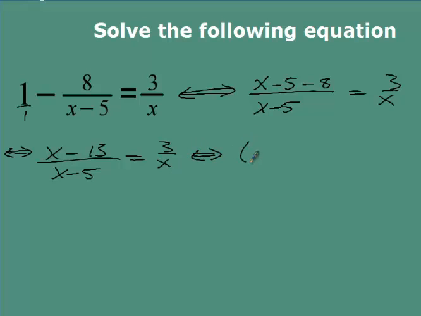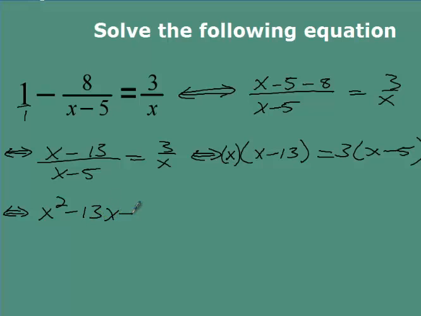So now cross multiply: x times x minus 13 plus 3 times x minus 5. Simplify. All right. Again, what do you see as your power? We have an x squared, right?